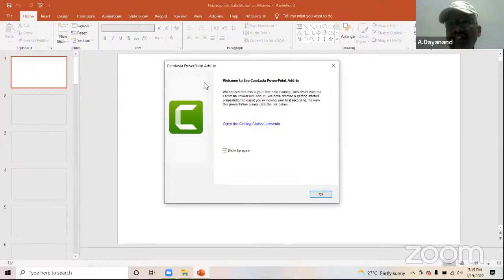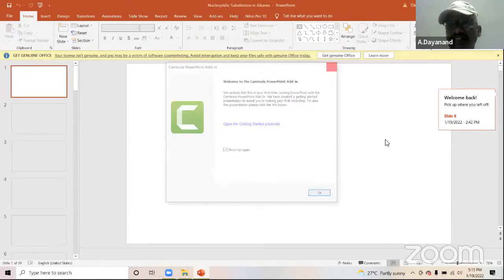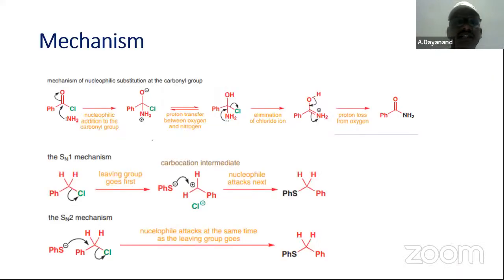That is the mechanism of nucleophilic substitution in the carbonyl group. We will see about this type of substitution also, that takes place in the carbonyl group. In carbonyl also, nucleophilic substitution takes place.